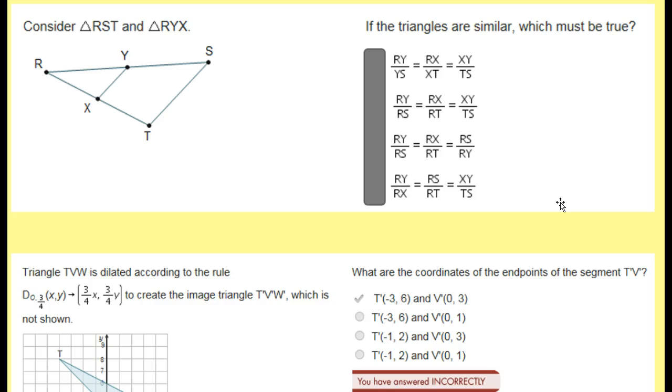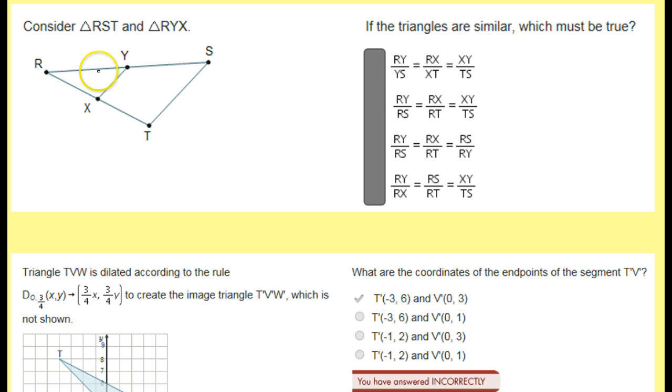Consider the two triangles that are shown here, the big one and then the smaller one on the inside. If the triangles are similar, which must be true? Well, if the triangles are similar, then the corresponding sides must be proportional. So let's just match these up.